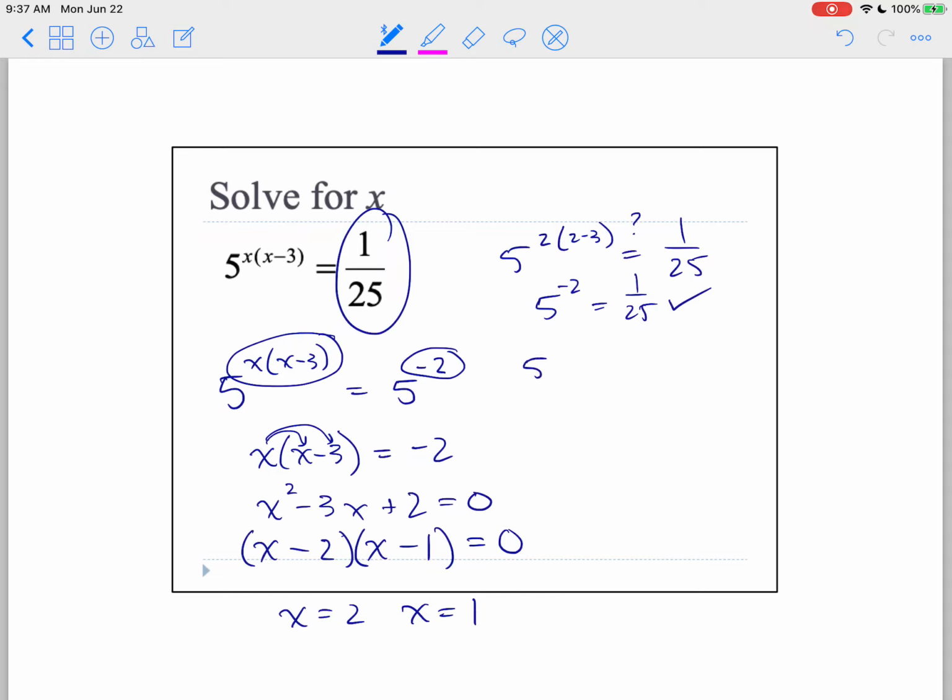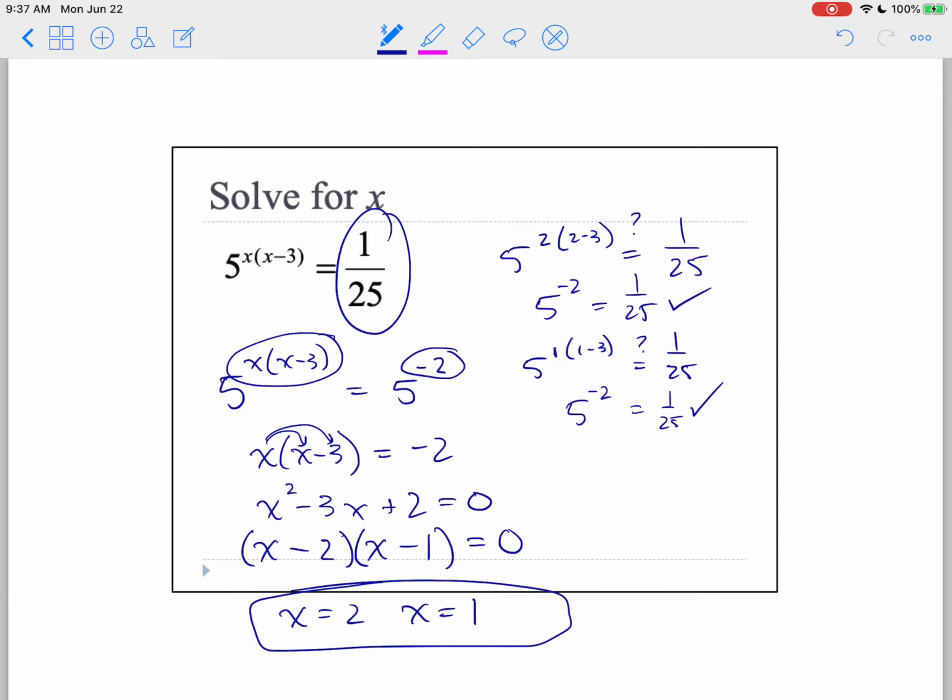And when we plug in 1, 1 minus 3 is negative 2, so 1 times negative 2 is also negative 2, and that indeed equals 1 over 25. So both of these work. We solved for x. We won.